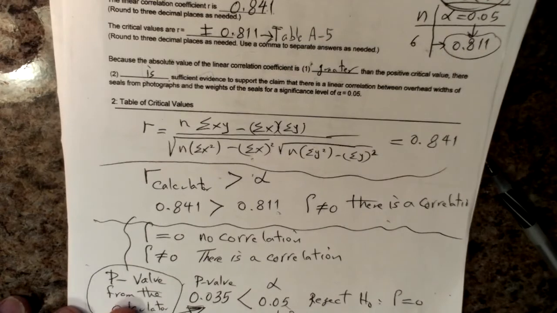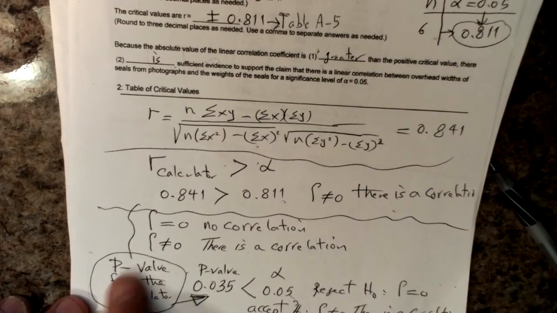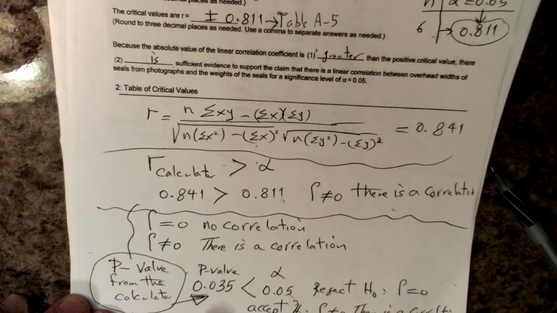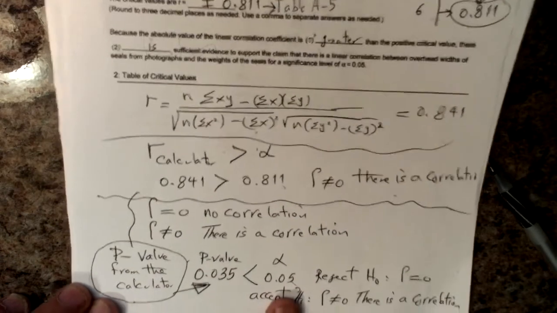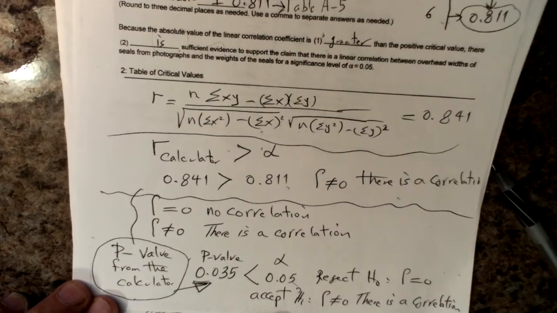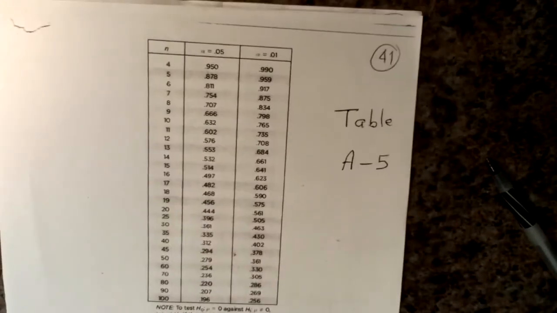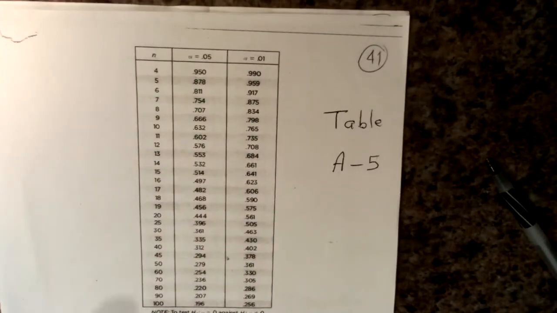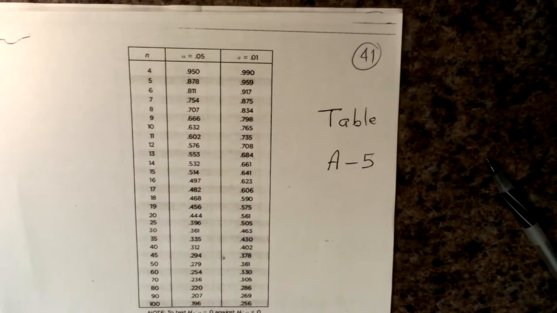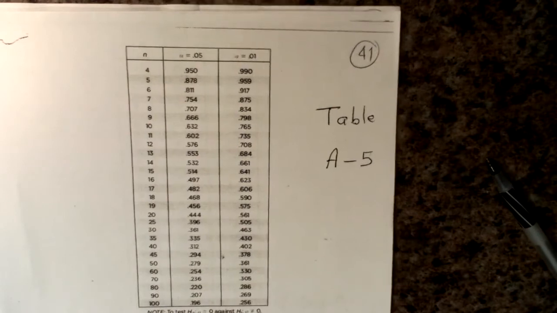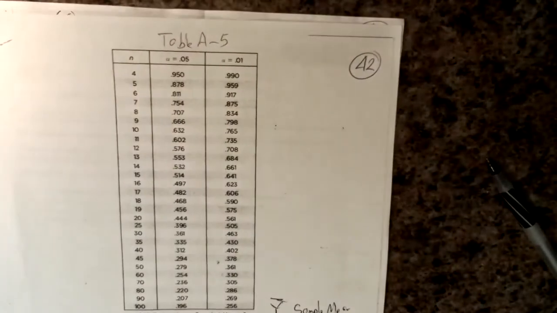And then the p-value, you also find that from the calculator. If it's less than the alpha, which is 0.05, then we accept that there is a correlation. Okay, so this is table A5. I put it here for you. This is another one. It's not the one that I'll show you.